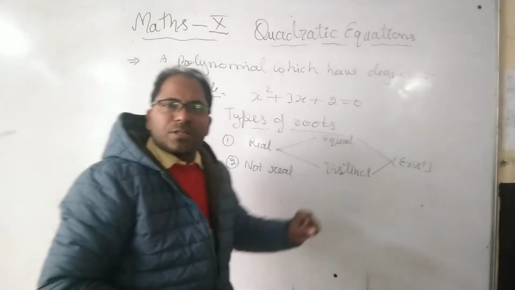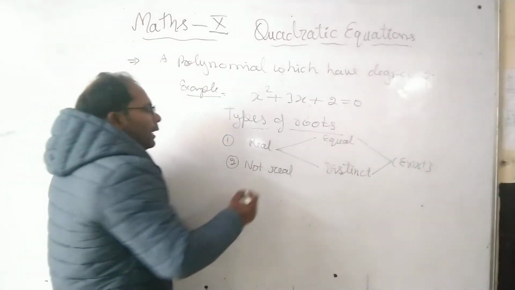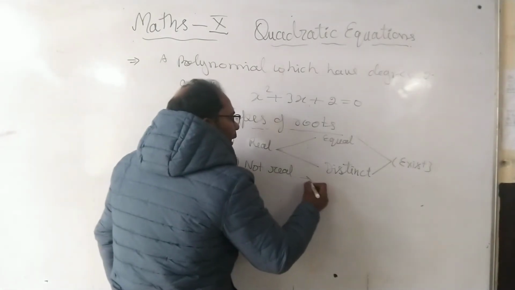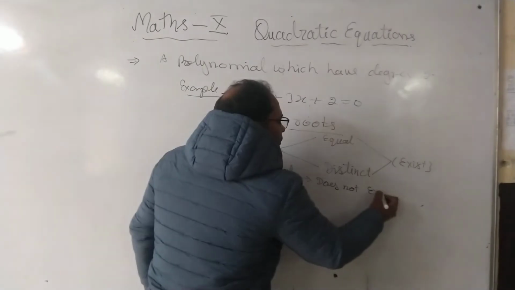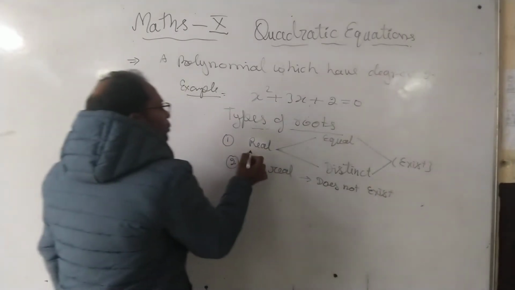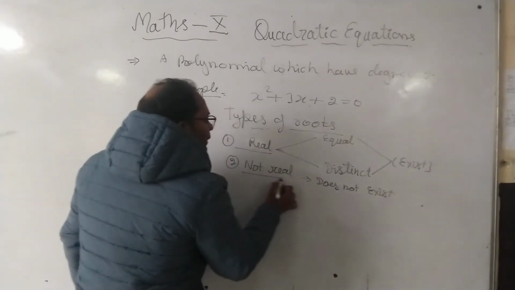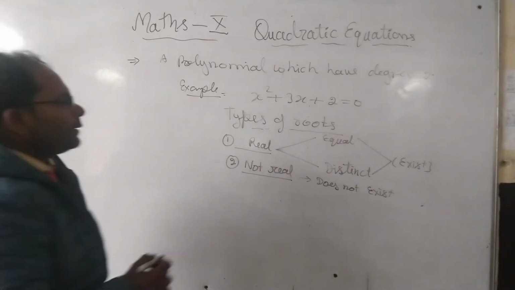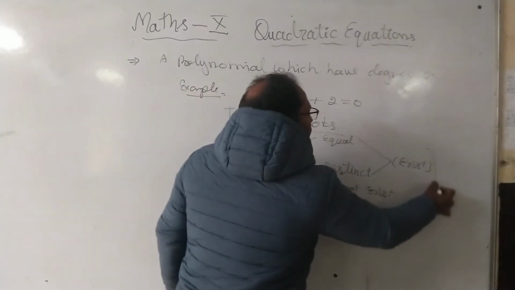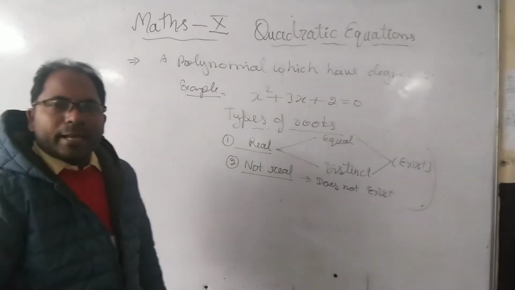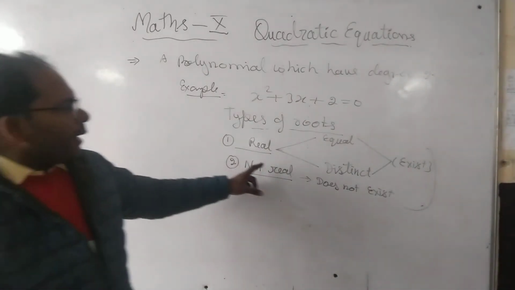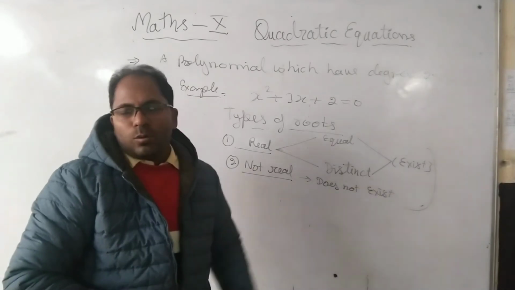And if roots are not real, they will not exist. Does not exist. Okay. So real and not real are the types of the roots, and this is the nature of the roots. They will exist or do not exist. So this is also known as the nature of the roots.